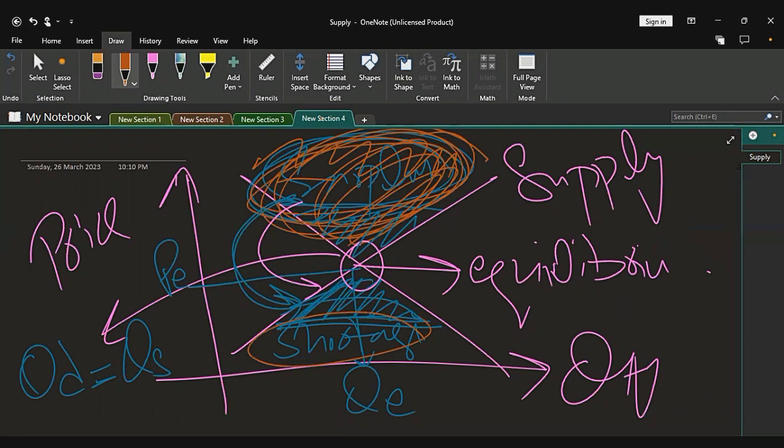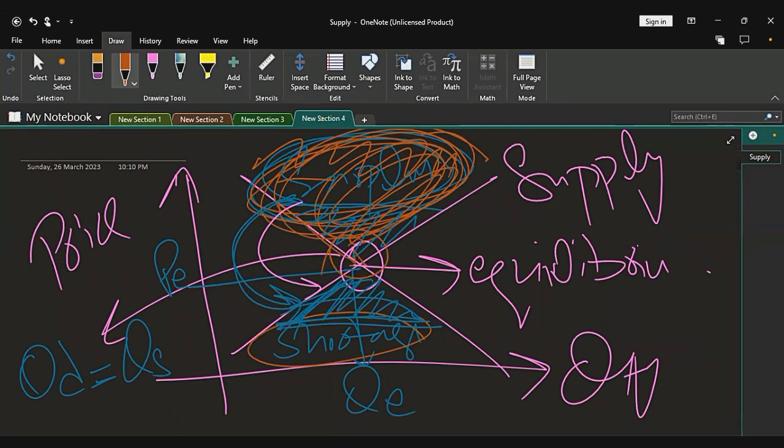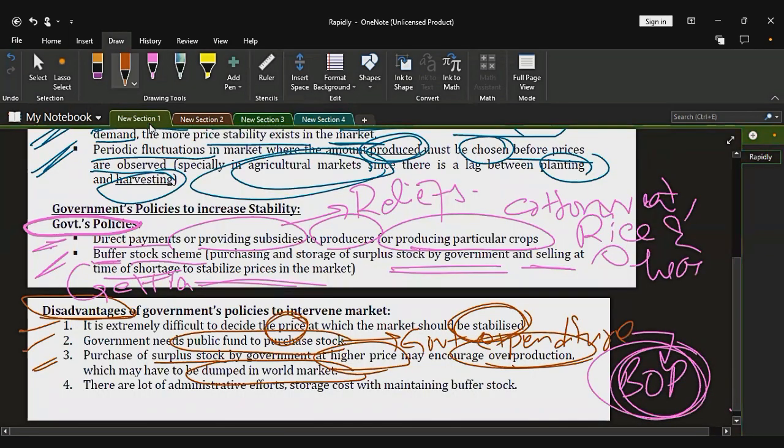For example, if there is a surplus in the market where the demand is less and the supply is in excess, government usually enforces the supplier to reduce their price level to the equilibrium level or a price level that is acceptable for the demand holder, that is the customers. So it is always difficult for the government to decide what price should prevail in the market.